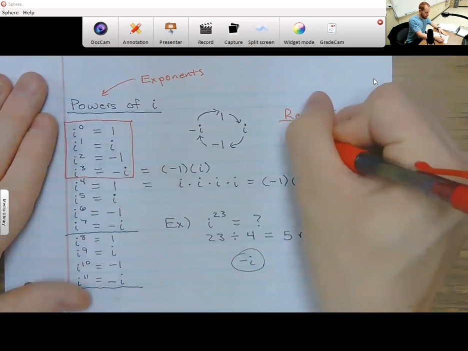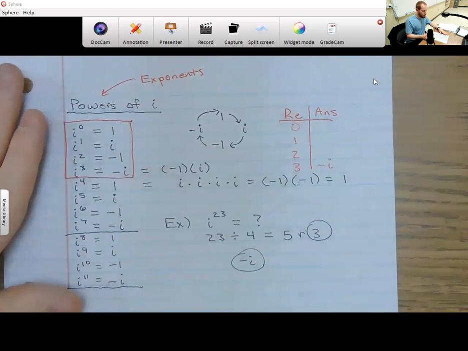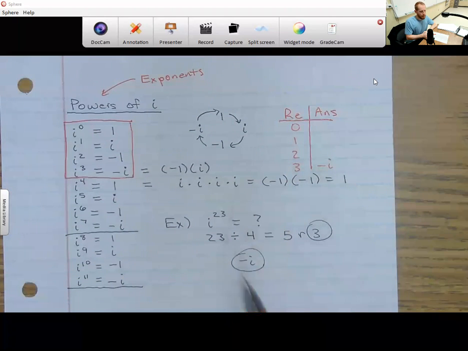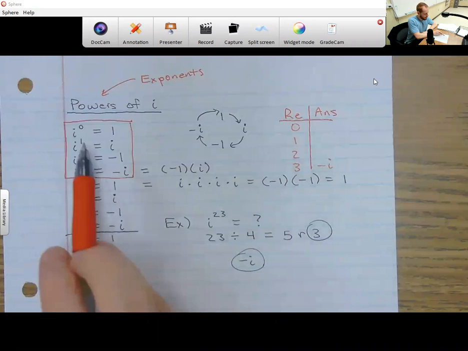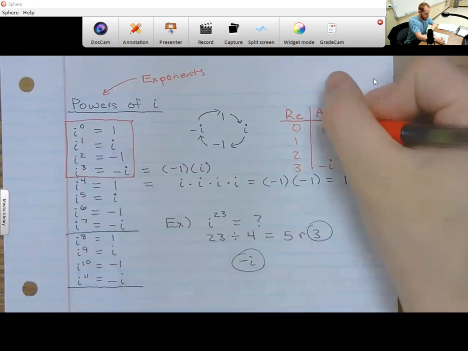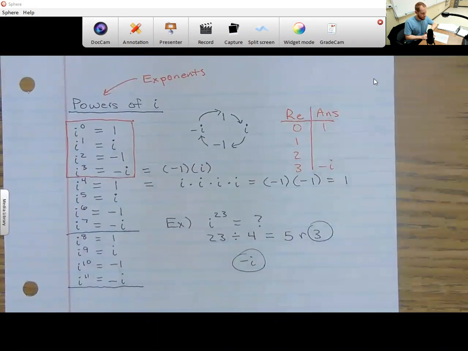And we could say the same thing for 0, 1, and 2. What happens if your remainder is 0? If your remainder is 0, that means you cleanly divided something. You don't have any remainder left. I look at my table, and I know that 0 corresponds to 1. So I'm going to put a 1 over here.